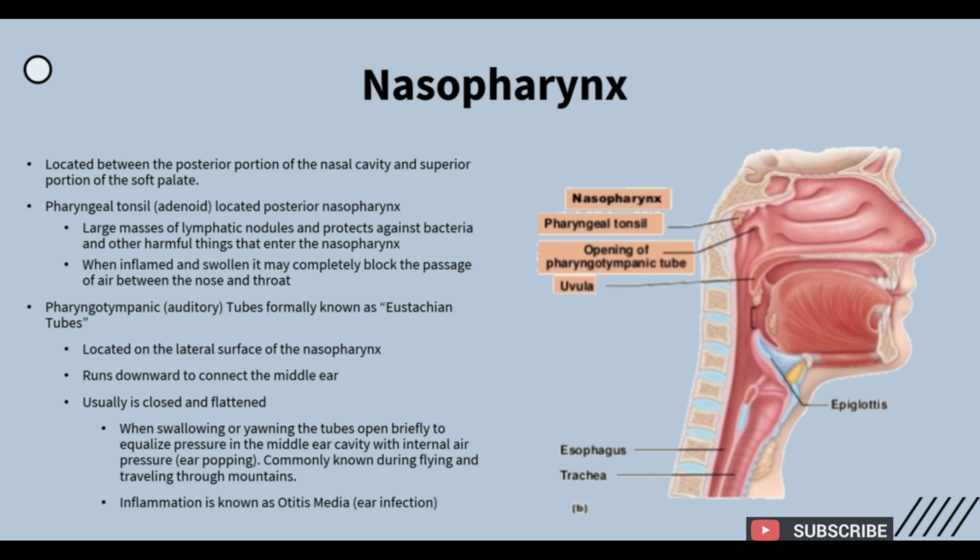But when we're swallowing or yawning, the tubes open for a brief moment to equalize the pressure in the middle ear cavity. And this resembles a popping. You commonly see this during flights or when you're traveling through mountains.